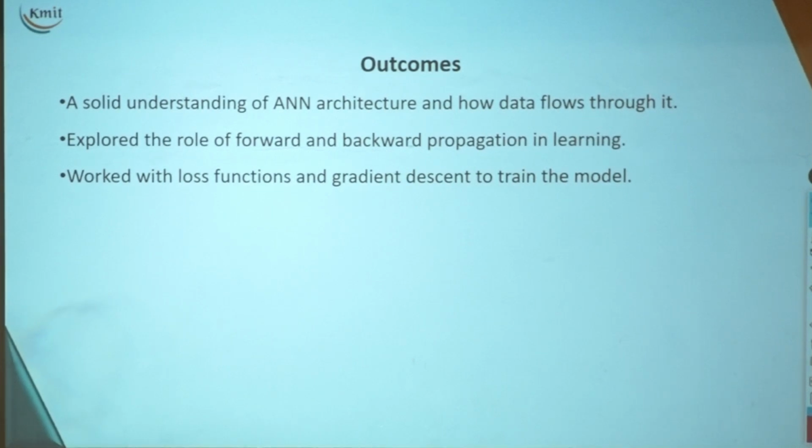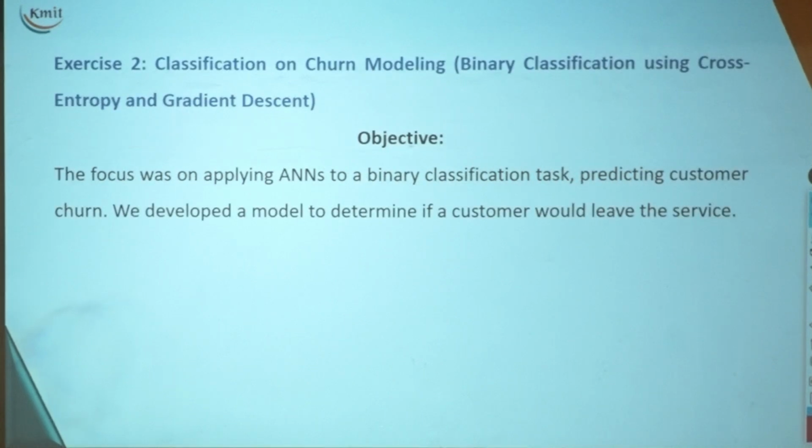We got a good understanding of how the ANN architecture looks and how the data flows: forward propagation with xi, wi plus b summation, loss function, backward propagation. This is a three-step data flow. We explored the role of forward propagation, worked with the MSE loss function, and applied gradient descent to train the model.